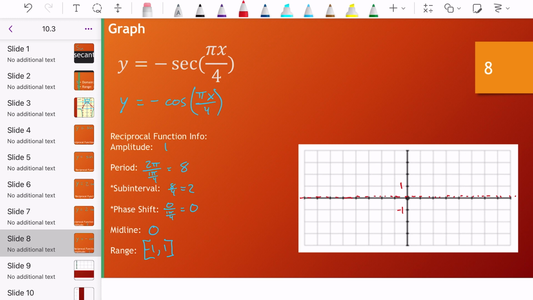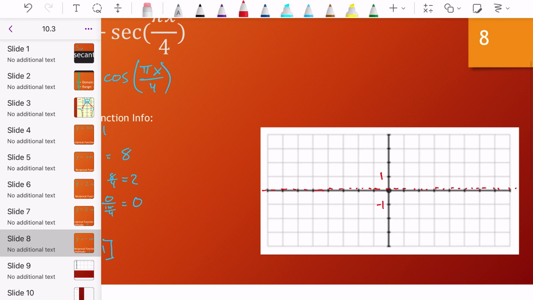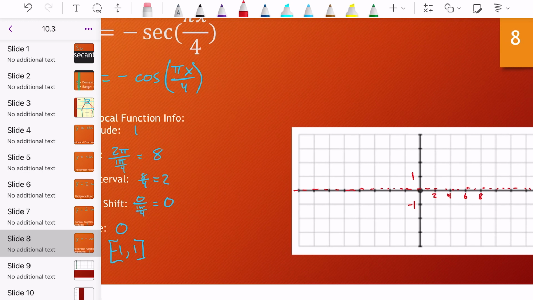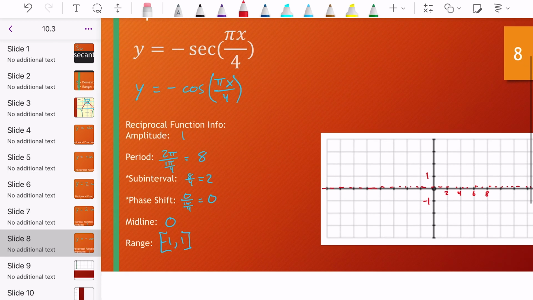Now, in this case, since we do have subintervals of even numbers, we can go ahead and just mark them down as 2, 4, 6, and 8. We're also going to start off our first point at our phase shift, which would be 0.